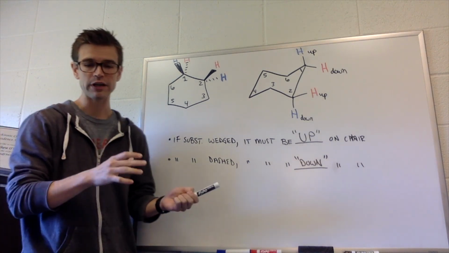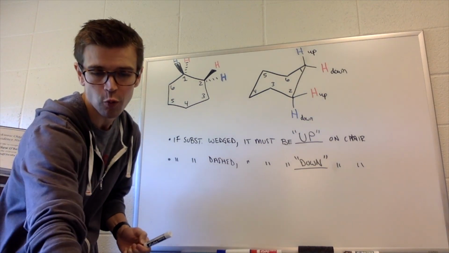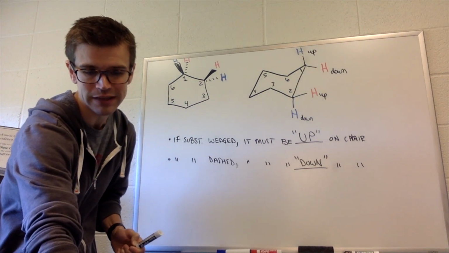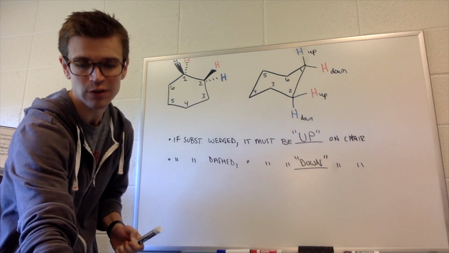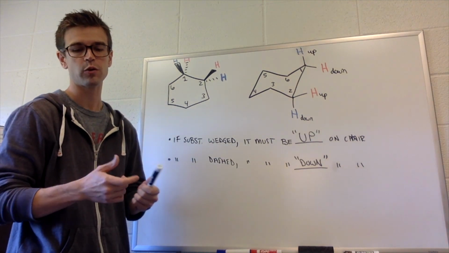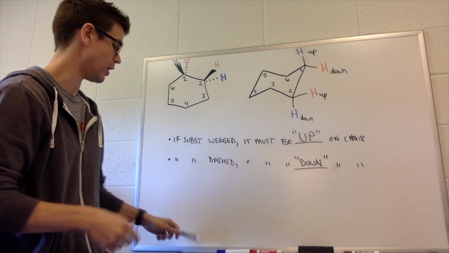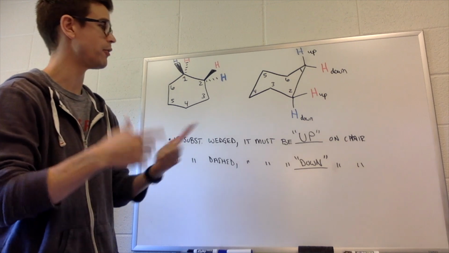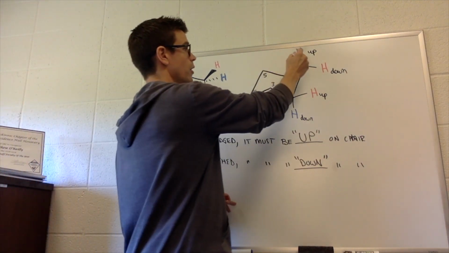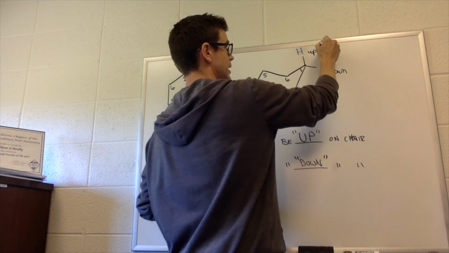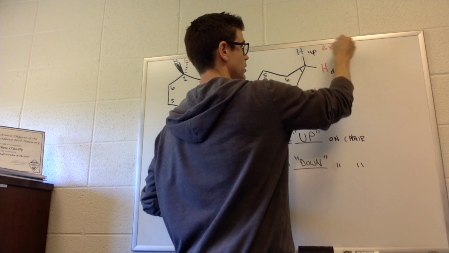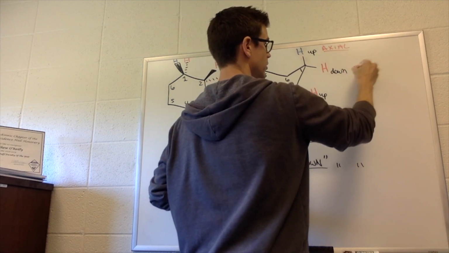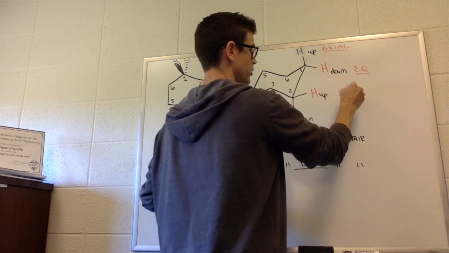And I want to reiterate what we said at the top. The wedge/dash on the skeletal structure does not correlate to axial or equatorial on the chair structure. How does that show? Well, this H is axial. This is equatorial. This H is equatorial.